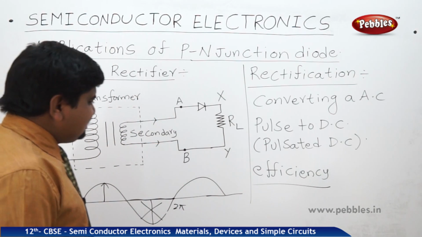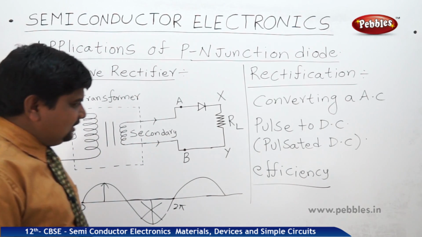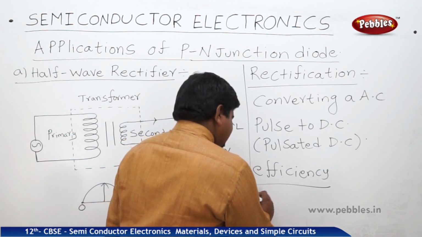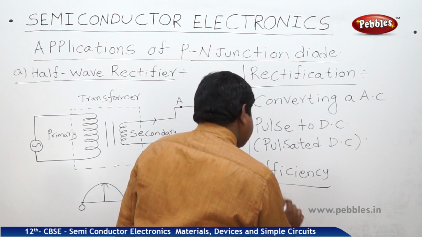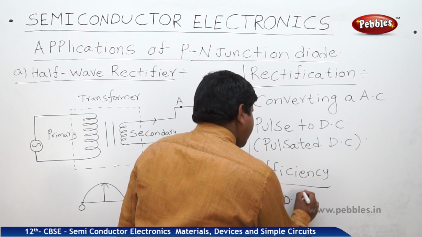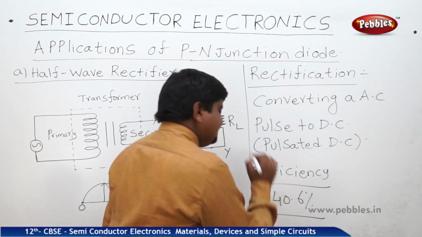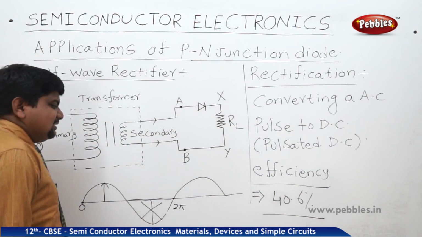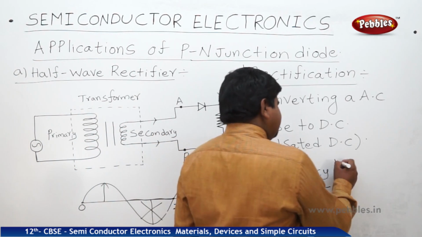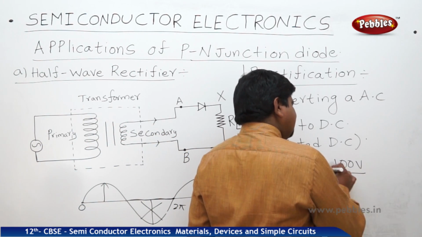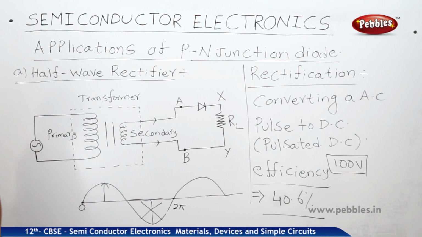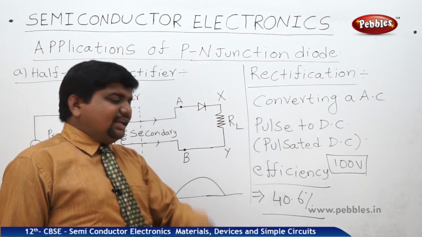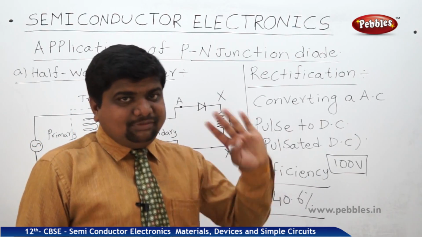So in this case, what we can understand is some 40.6%. That means if 100 volts of AC was supplied, 40.6 is converted to DC, and the remaining 59.4 will be AC only.